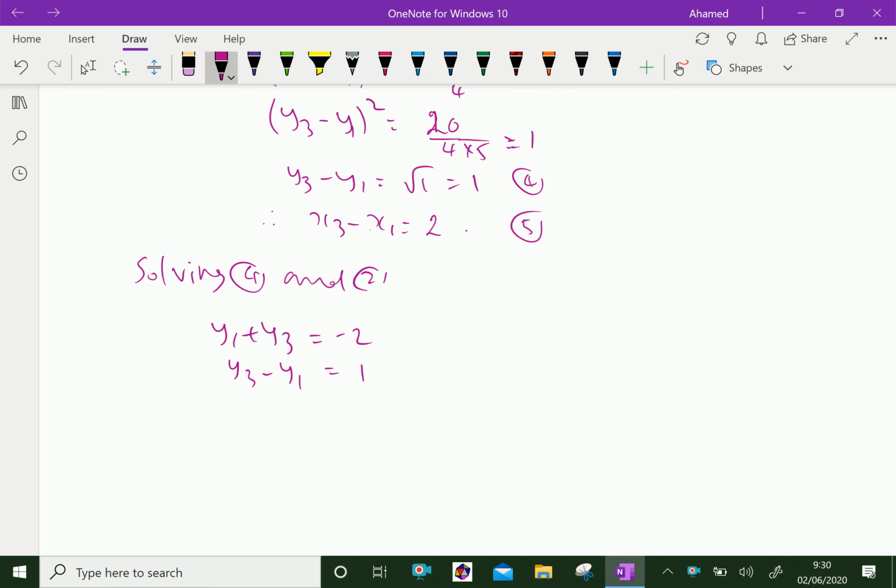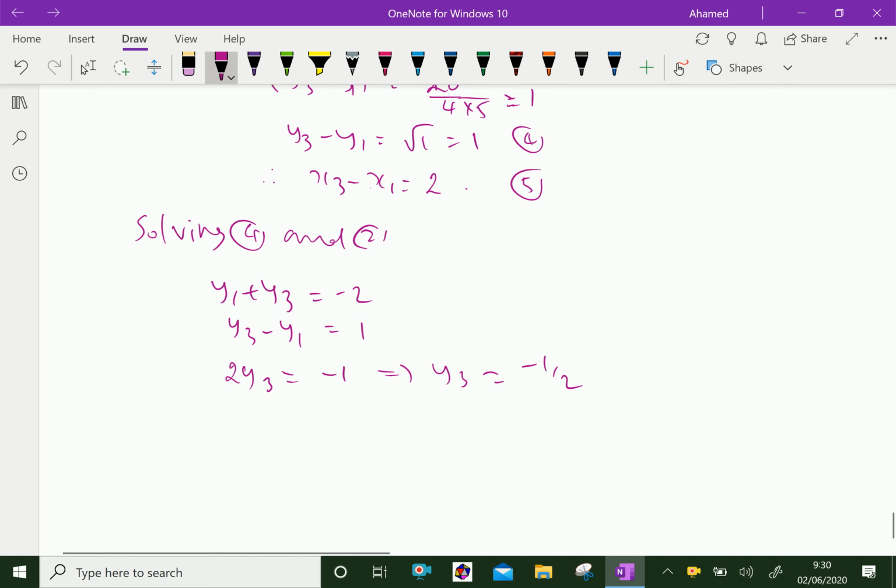Adding both, 2y3 equals minus 1, from that y3 equals minus half.